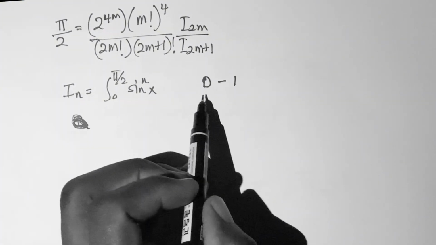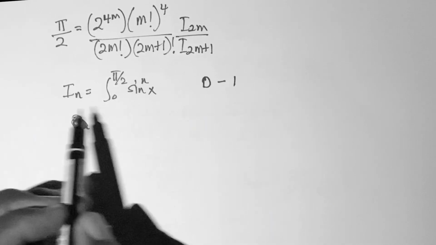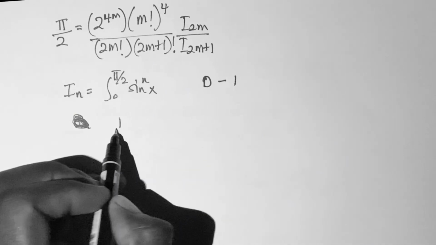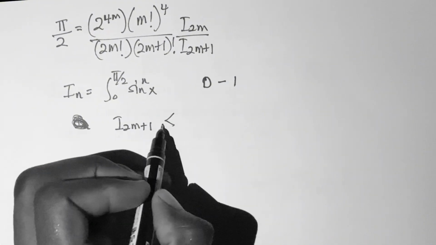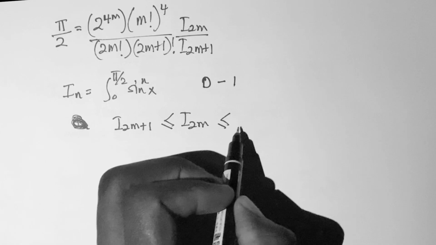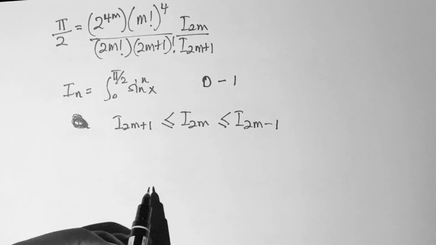So since the value of sine is between 0 and 1, for higher powers of n, I of n begins to decrease. So what it means is that I of 2m plus 1 is less than or equal to I of 2m, which is also less than or equal to I of 2m minus 1.